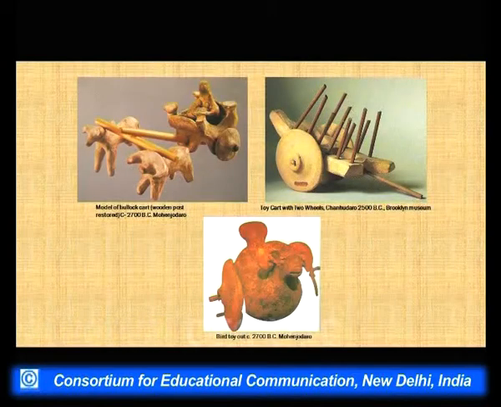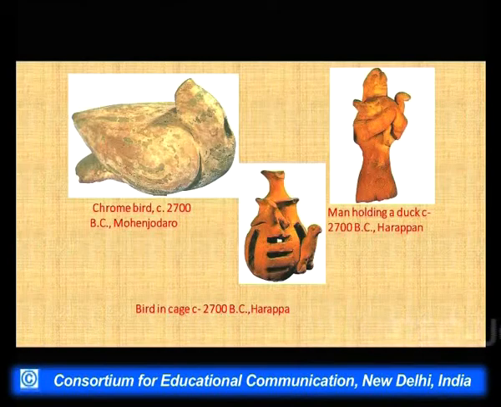Furthermore, you can see a toy cart with two wheels from Mohenjo-Daro, and a bird toy also from Mohenjo-Daro, in which you have a dowel arrangement which puts the wheels to work.